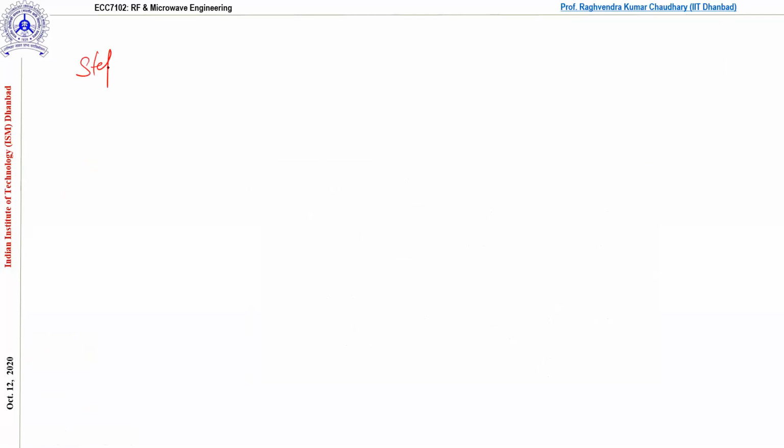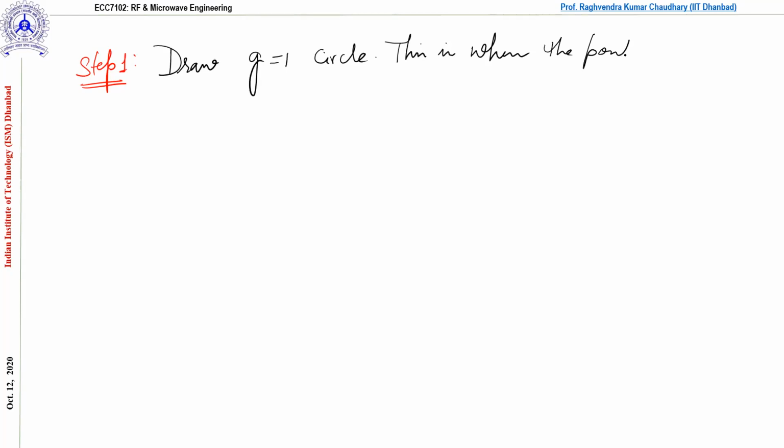Step number one: first we need to draw the G equal to 1 circle. We already did this in single stub matching as well. This is where the point representing YB bar should be located.